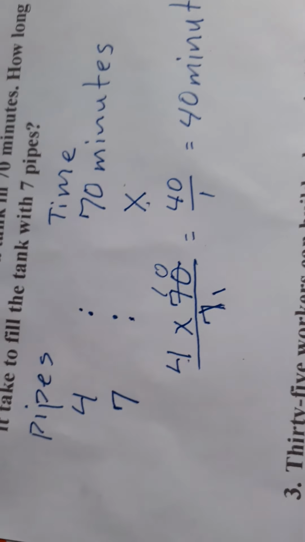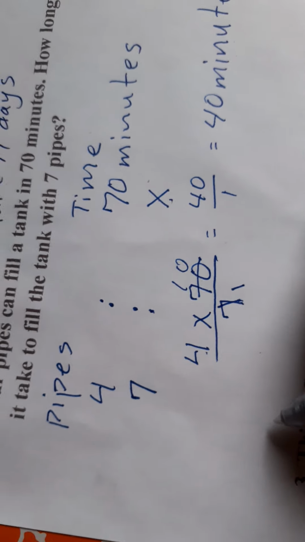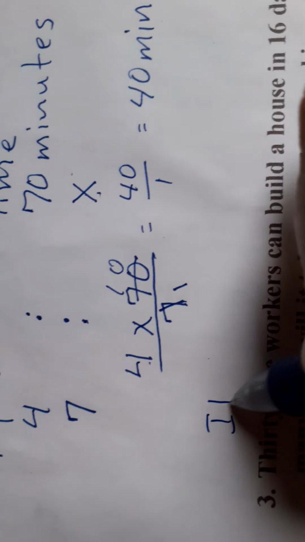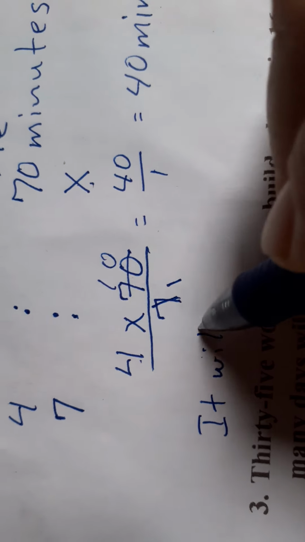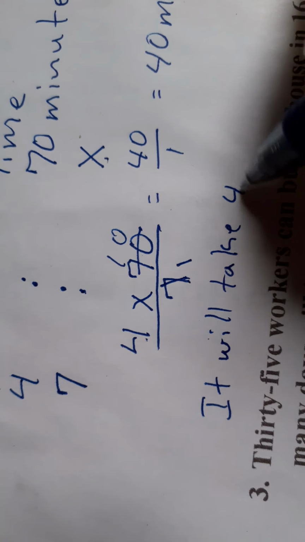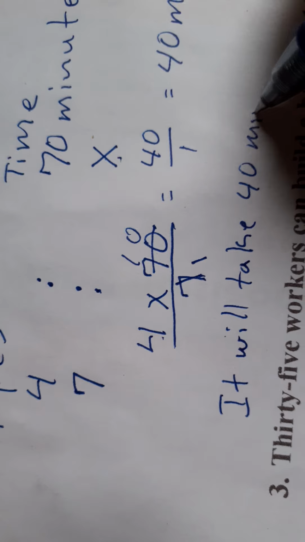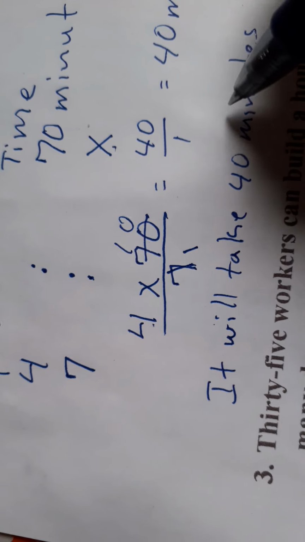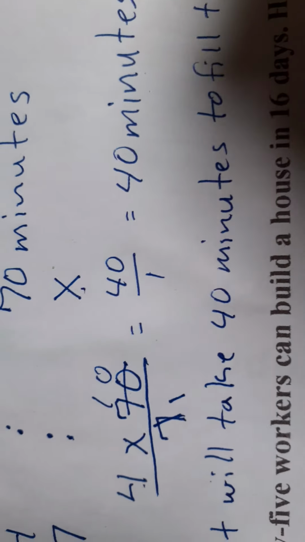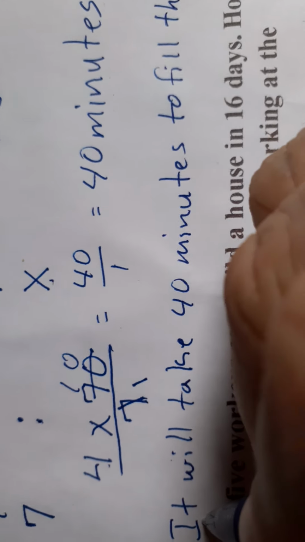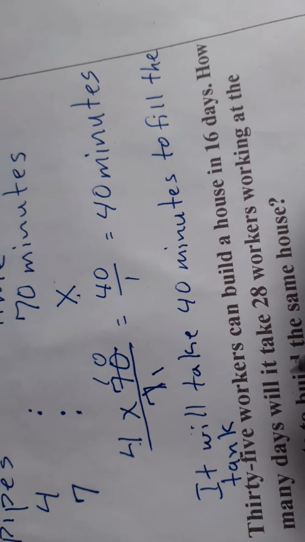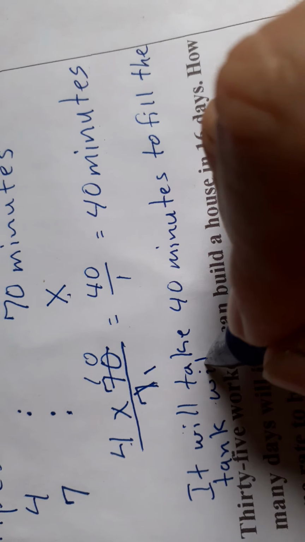Okay, so our answer will be, it will take 40 minutes to fill the tank with 7 pipes.